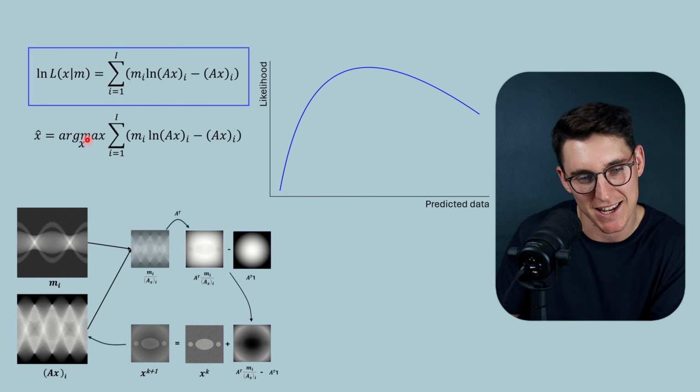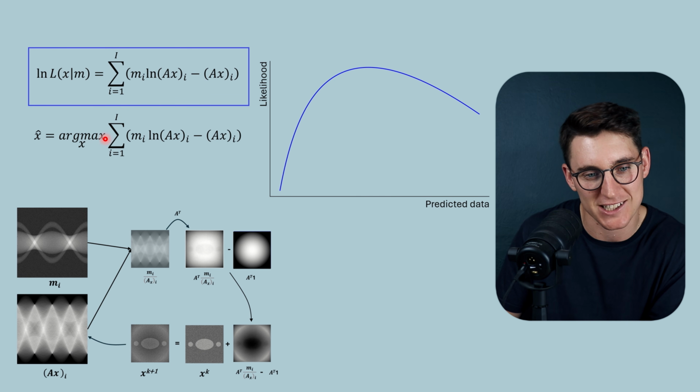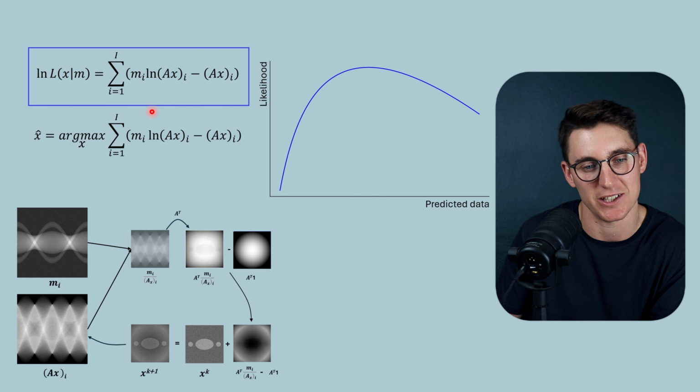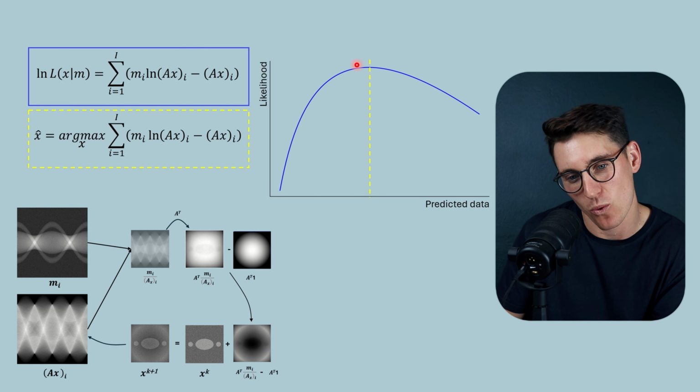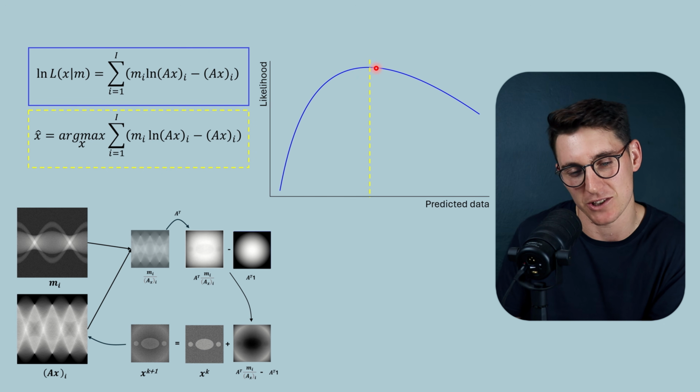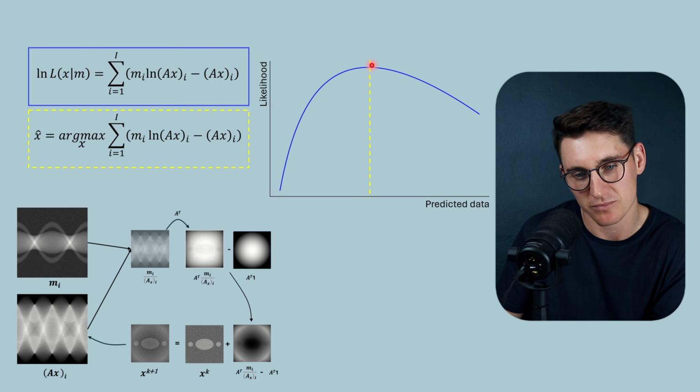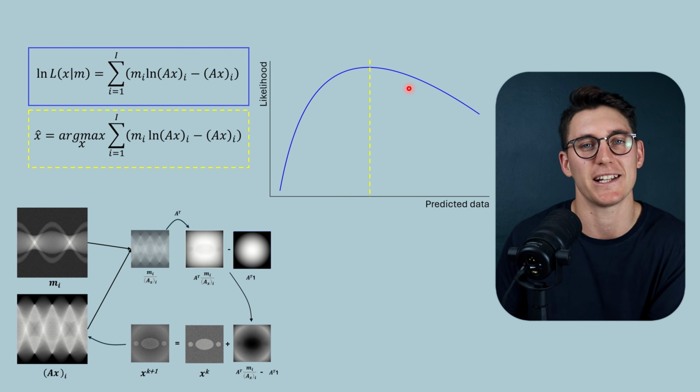We want to say, what's the x value that will provide the maximum sum of the log likelihoods here, the maximum of this equation? And we know that that point is going to be this point on our graph, where the gradient of that graph equals 0. And that's actually the clue here. How we go about finding where the maximum is by using the gradient of this log likelihood graph.